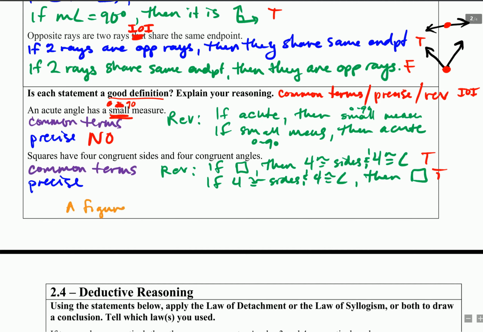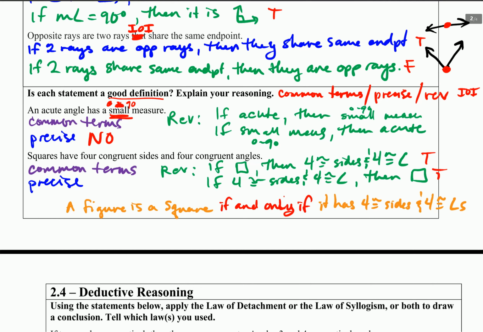A figure is a square, and then we would connect it with if and only if it has 4 congruent sides and 4 congruent angles. So that makes a very nice definition. Squares have 4 congruent sides and 4 congruent angles. This one is definitely a good definition. Common terms, precise, and reversible.